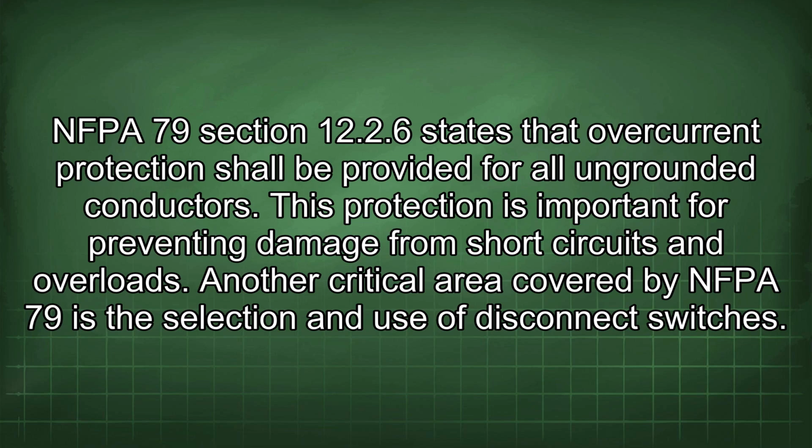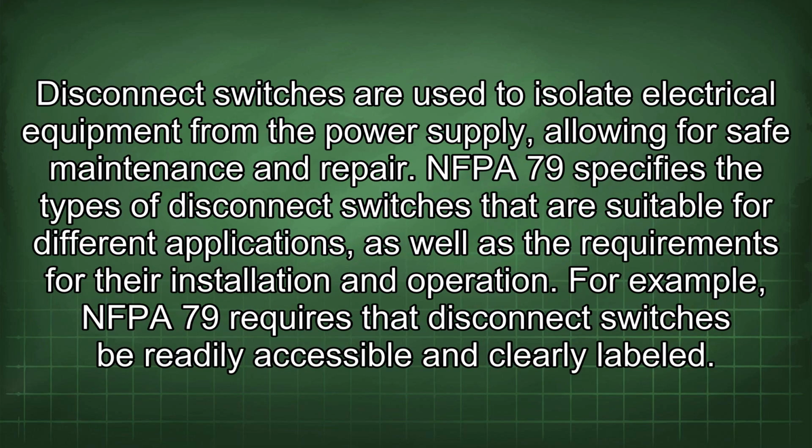Another critical area covered by NFPA 79 is the selection and use of disconnect switches. Disconnect switches are used to isolate electrical equipment from the power supply, allowing for safe maintenance and repair. NFPA 79 specifies the types of disconnect switches that are suitable for different applications, as well as the requirements for their installation and operation.